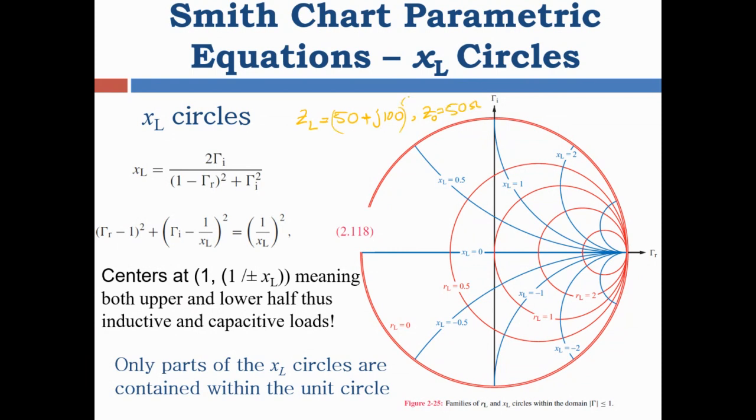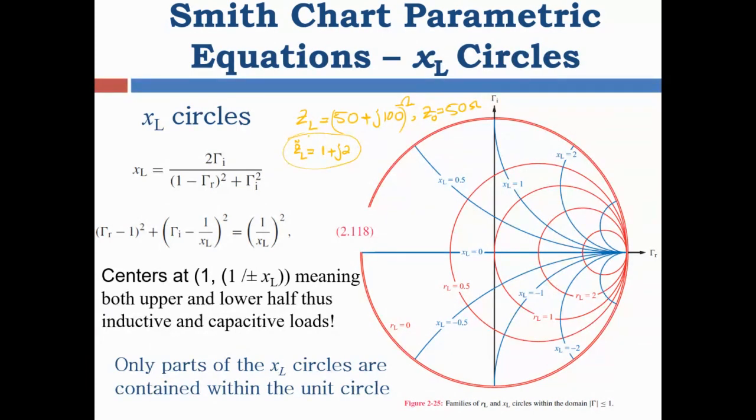We want to take this and map it on the Smith chart, which is now the combination of the blue and red circles. Reds are for the real part, blue are for the imaginary part. So the first thing that you do, if you remember, is we normalize. So this is going to be equal to 50 divided by 50 is 1, and 100 divided by 50 is 2.